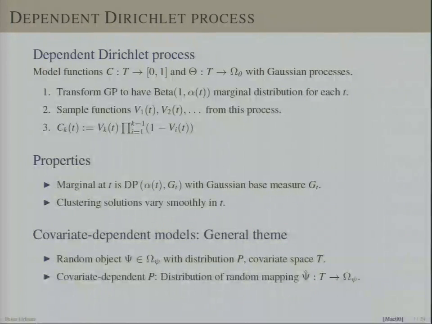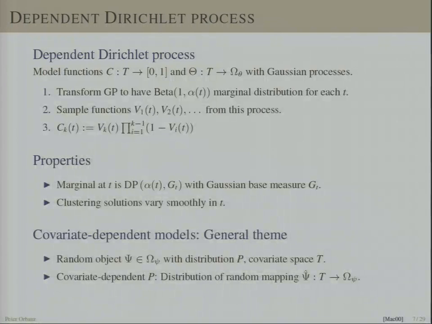Okay, and now the idea in the dependent Dirichlet process is that we have to model smooth functions here. So why do we use a Gaussian process? For these cluster weights, that is a bit of a problem because, as John told you this morning, when we use the Gaussian process and we look at one particular time point, the Gaussian process gives us a random function, and now we fix one time point and we look at the function value at that time.